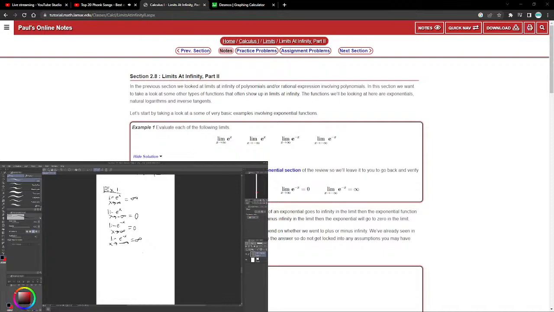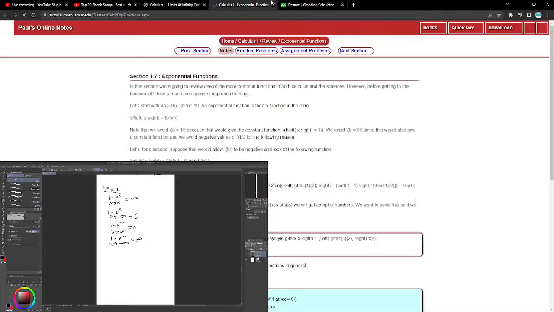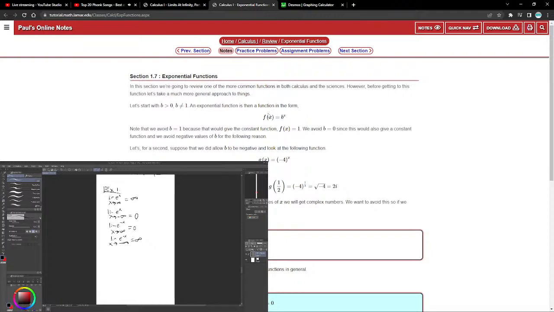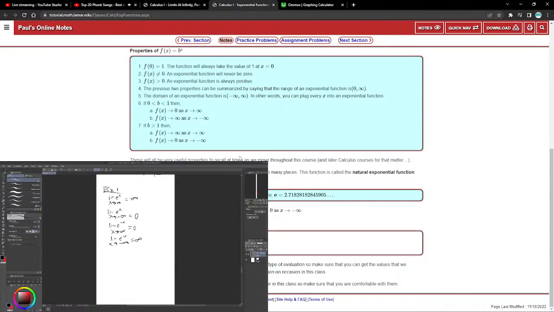Infinity, 0, 0, infinity. These are really just restatements of the facts given in the basic exponential function review, so we'll leave it to you to go back and verify. Okay, well, I verified it myself.